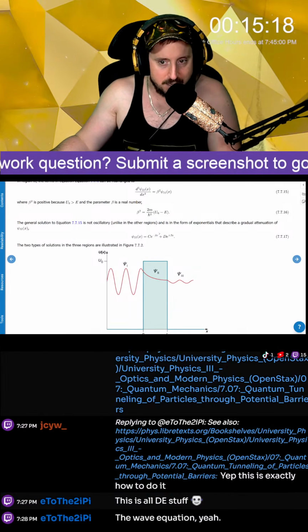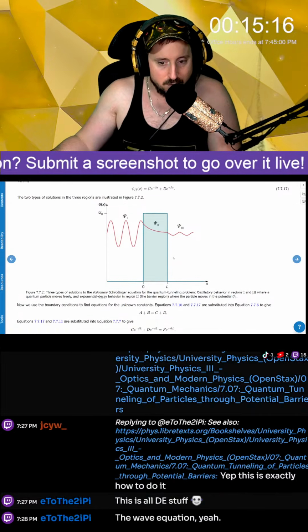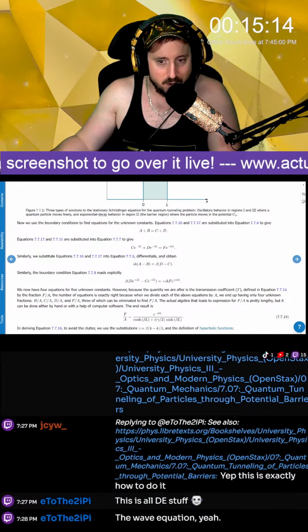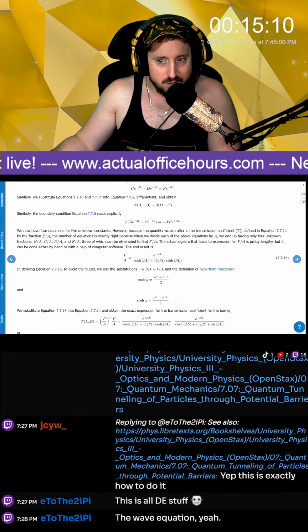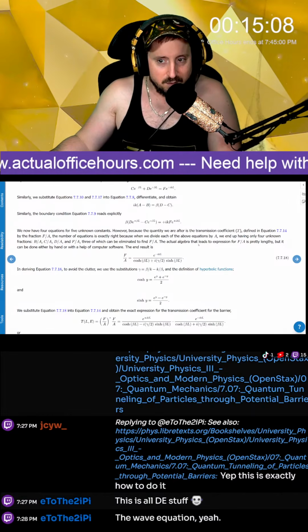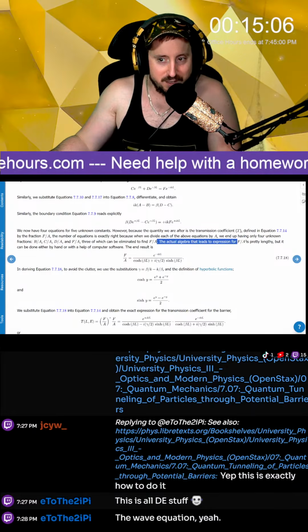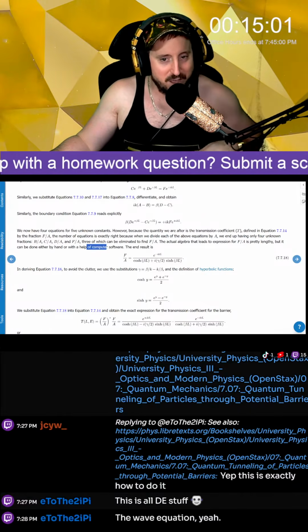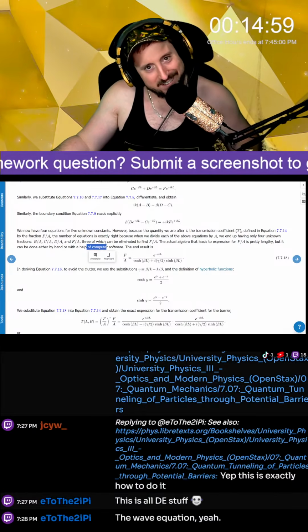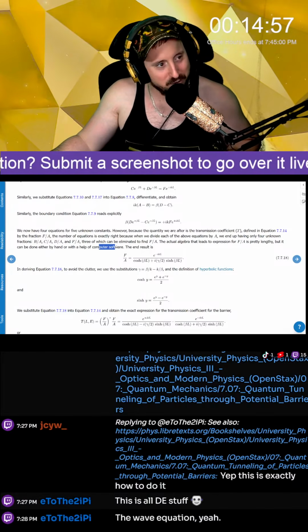That's why these are strictly decaying functions. Cool. And then boundary equations, you solve for A, B, C, D, blah, blah, blah. The actual algebra that leads to F over A is pretty lengthy, but it can be done either by hand or with the help of computer software. Gotta love that, the help of computer software.